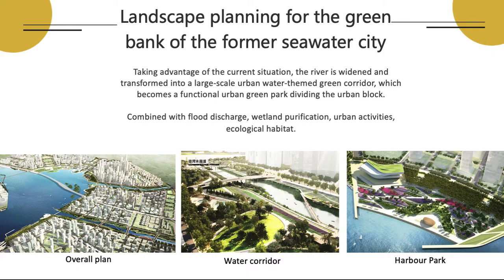Taking advantage of the current situation, the river is widened and transformed into a large-scale urban water-themed green corridor, which becomes an urban green park dividing the urban blocks. It combines flood discharge, wetland purification, urban activities, and ecological habitat. You can see in the water corridor, there is a lot of low-ecology habitat in there.